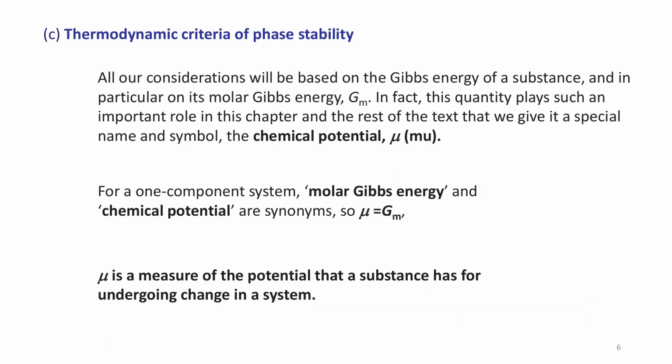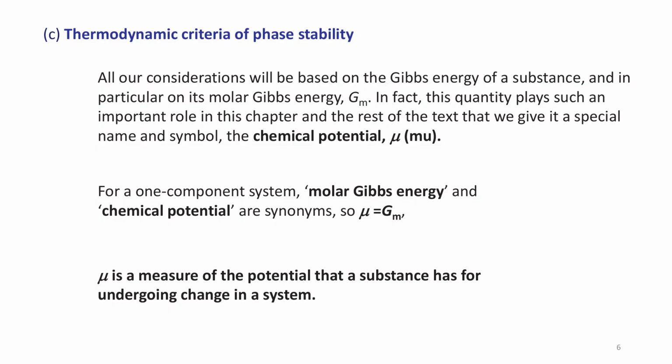The thermodynamic criterion for stability is expressed most cleanly through molar Gibbs energy. For a pure, one-component substance, the molar Gibbs energy, G sub m, is identical to the chemical potential, represented by the Greek letter mu. Chemical potential is sometimes introduced as an abstract quantity, but here it has a direct meaning.